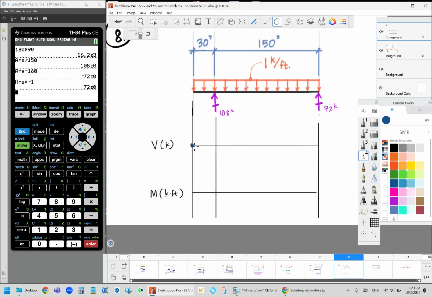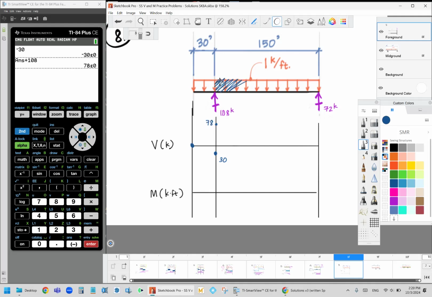Start at 0. Now I go downwards 1 kip per foot times 30, right? So this area under the curve. Okay, so I decrease by 30 kips. I increase by 108. So negative 30 plus 108 lands me up at 78.